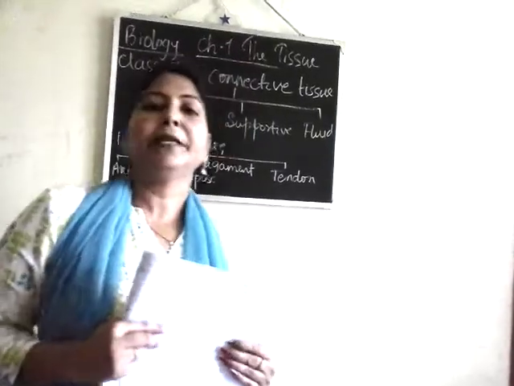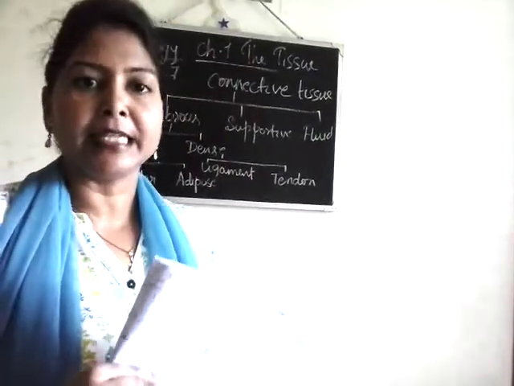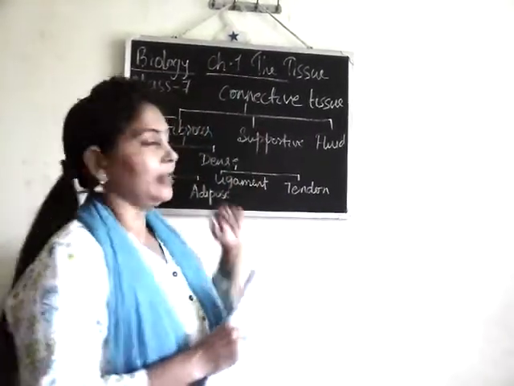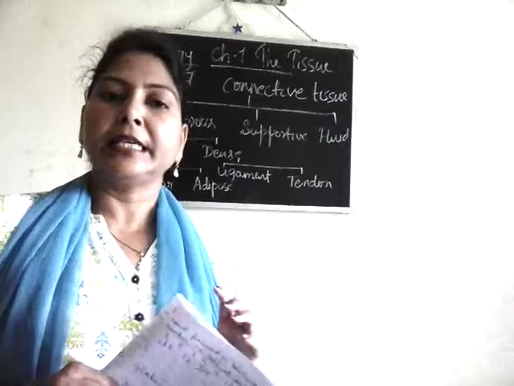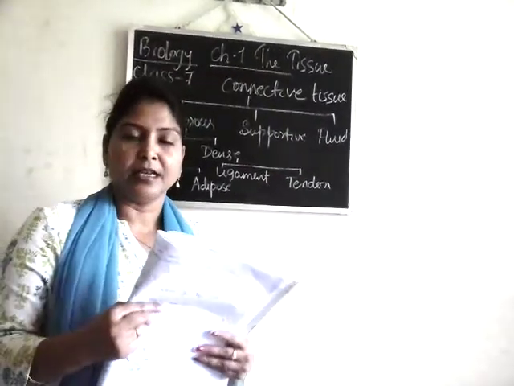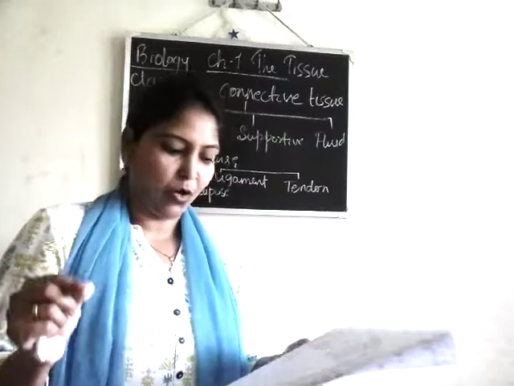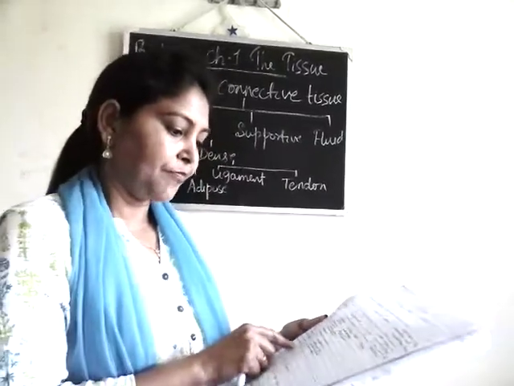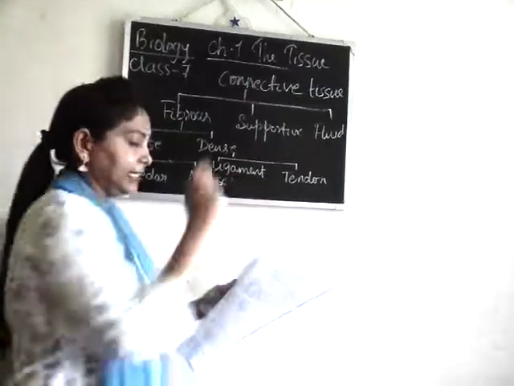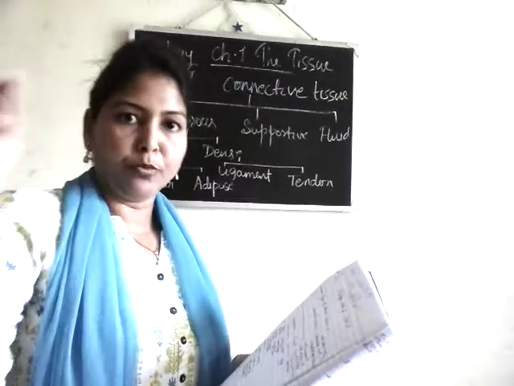Now what are ligament and tendon? These tissues basically connect, because we are learning about connective tissue. Ligament tissue connects bone to muscle or muscle to bone, and tendon connects bone to bone.